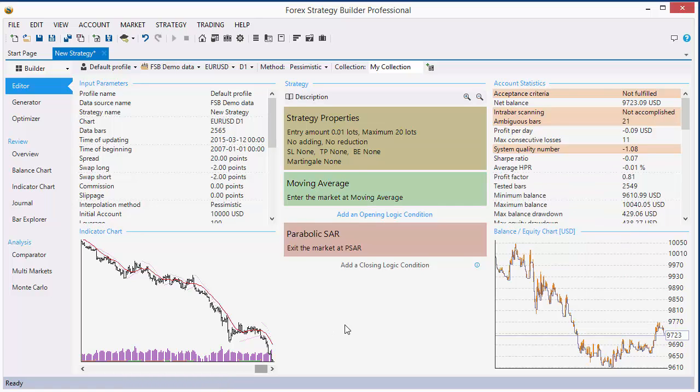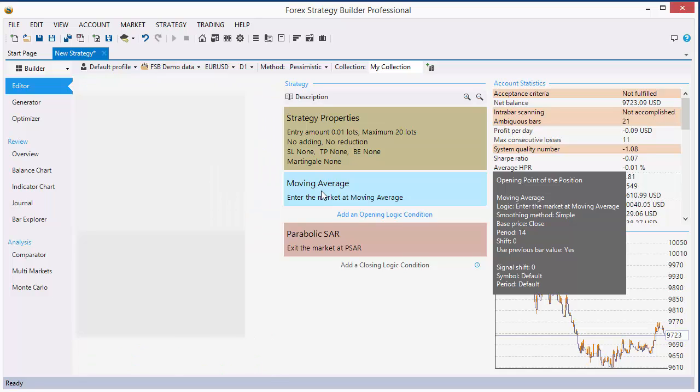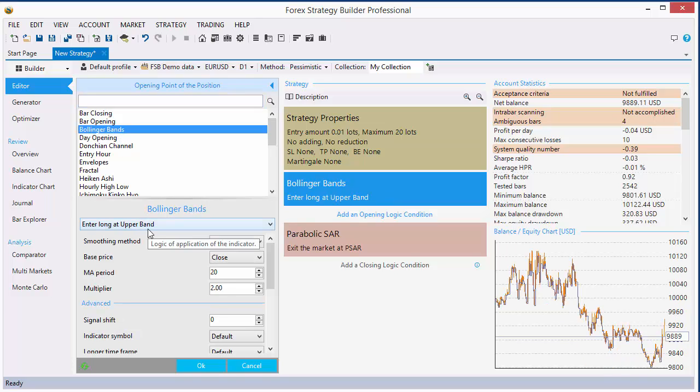Let's see another example. I will set a simple strategy here. I use Bollinger Bands, and I want to enter at the upper band. Where is the Bollinger Bands? Enter at the upper band, and I want to close positions at the middle band, at the moving average. You know that Bollinger Bands is a moving average.